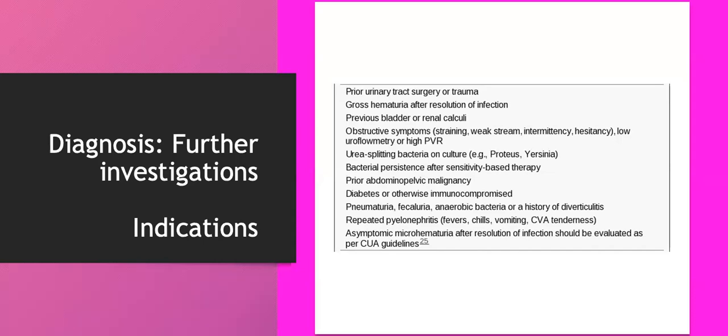If a patient has urea-splitting bacteria on culture, such as Proteus or Yersinia, bacterial persistence after sensitivity-based therapy, prior abdominal pelvic malignancy, diabetes, or if the patient is otherwise immunocompromised, if there's a presence of pneumaturia, fecaluria, anaerobic bacteria on history, or a history of diverticulitis. And then repeated pyelonephritis with fever, chills, vomiting, and CVA tenderness.